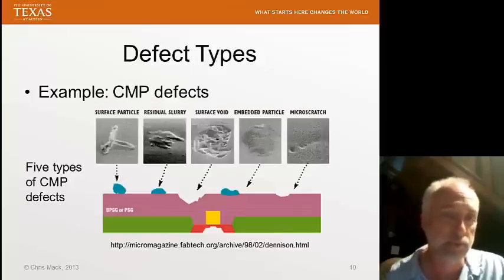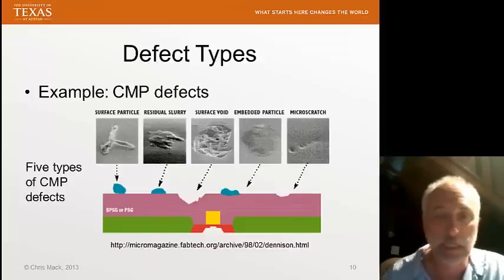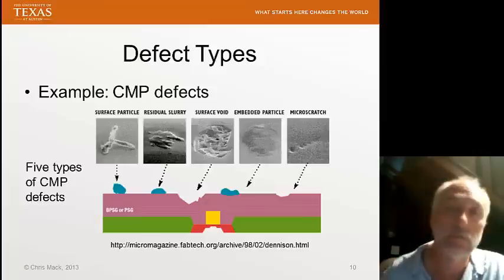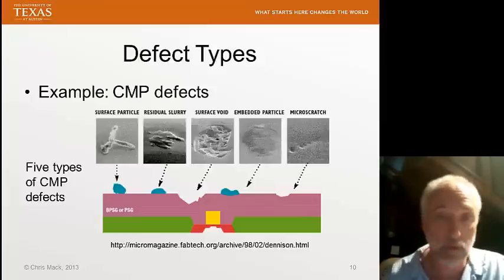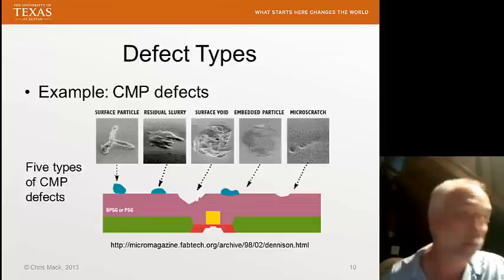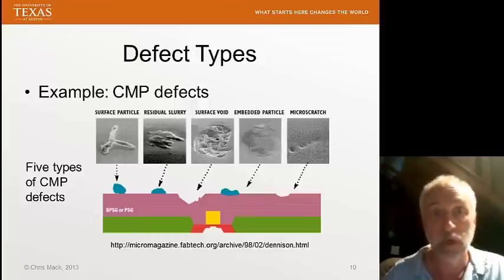Here are some examples of 5 kinds of defects that might occur during CMP, and depending on what defect you find, you might identify the source as being, for example, residual slurry. That's a pretty clear example. We didn't rinse the slurry off of the wafer well enough, etc.